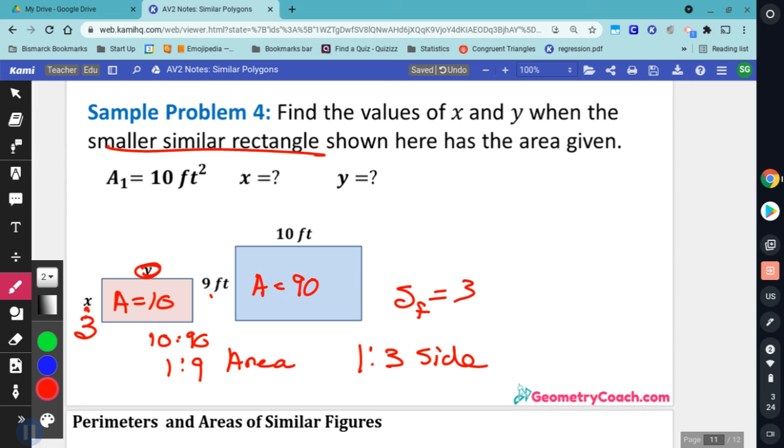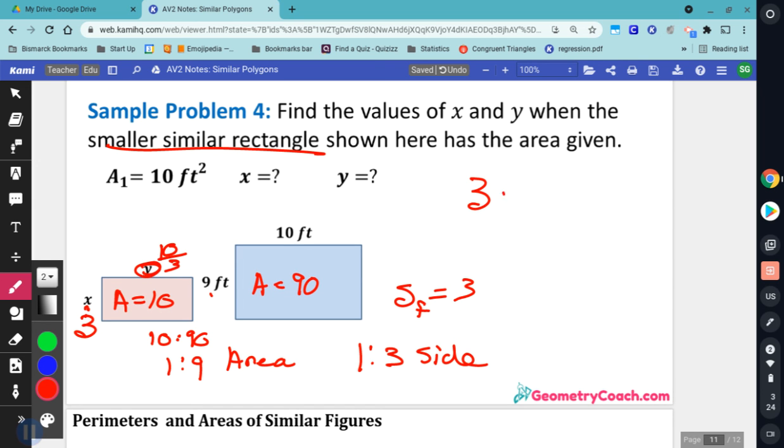What times 3 equals 10? Well, that's 10 thirds. 10 thirds times 3 equals 10. So let's check that. Does 3 times 10 thirds equal 10? Because that's base times height. All the 3s cancel. So 10 equals 10. So our x is 3 and our y is 10 thirds.